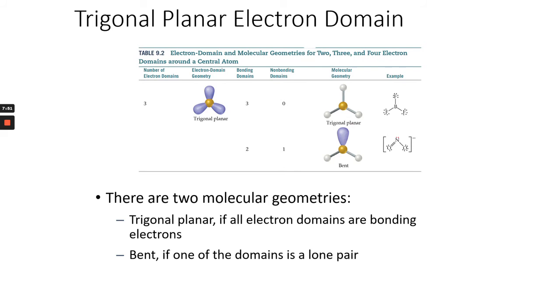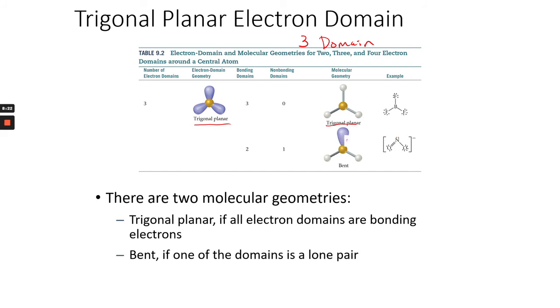Trigonal planar has 3 domains. So anything with 3 domains, the electron domain geometry will be trigonal planar. Okay, so it's in the same plane, 3 things coming off. If all of the things coming off your structure are bonds, then your molecular geometry is also trigonal planar.